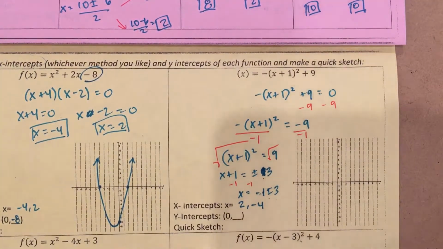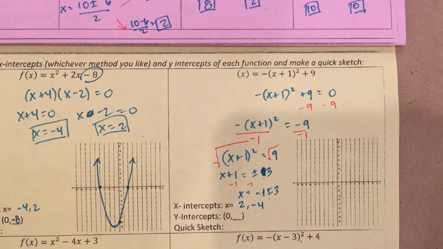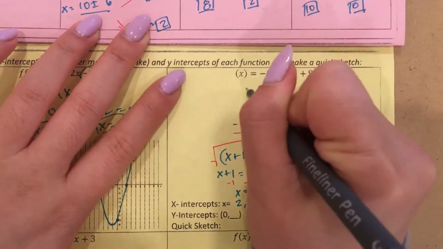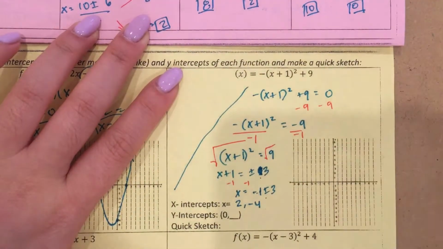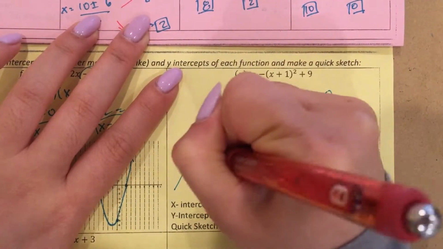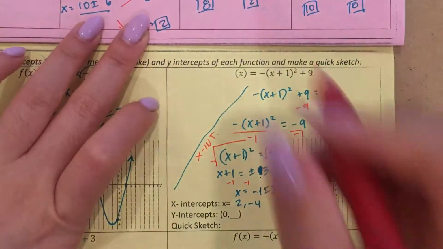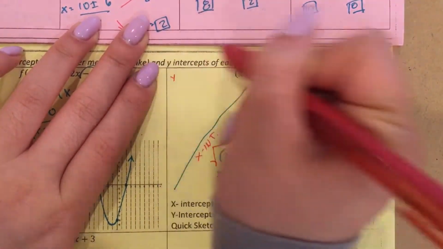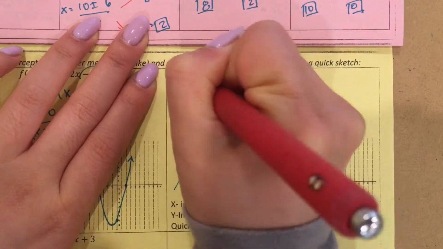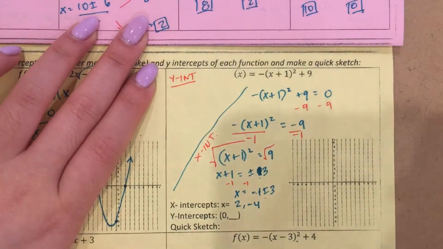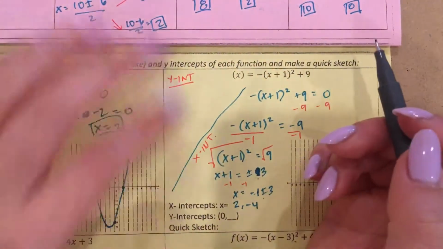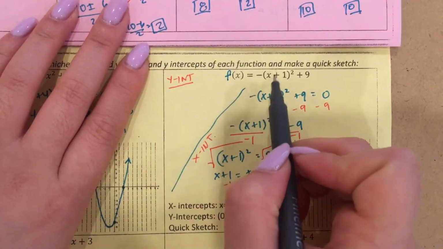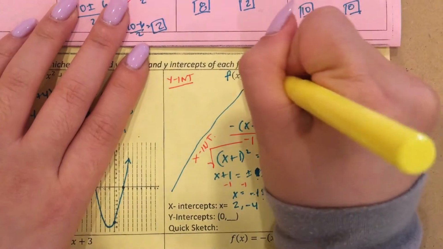Okay, I should have left more space for the y-intercept. Why did I forget about that? That's okay. So I'm going to go ahead and separate. This was for the x-intercepts. I'll do the y-intercepts over here. I think I should have enough space. Okay, for the y-intercept, I'm just going to plug in 0. Oh, this is missing an f right here. But I'm going to plug in a 0 for anywhere that I see the x. So right there.